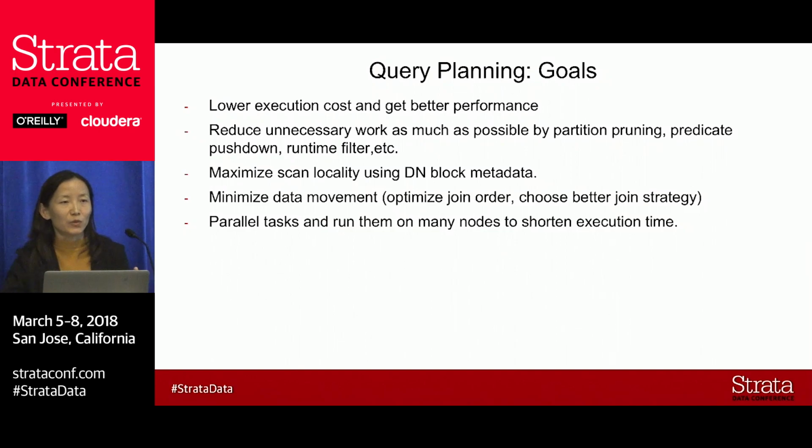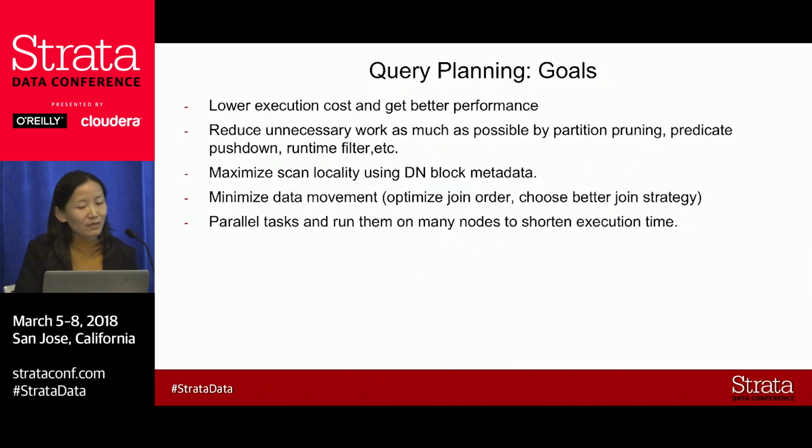Since the data is distributed on all the hosts, when you need to build a hash table, you have to make a decision. Do I broadcast data to all the nodes so each one holds the hash table, or do I partition data and put just a small percentage of data in each node and do the join? That's what the planner works to find: the best join order and a better join strategy.